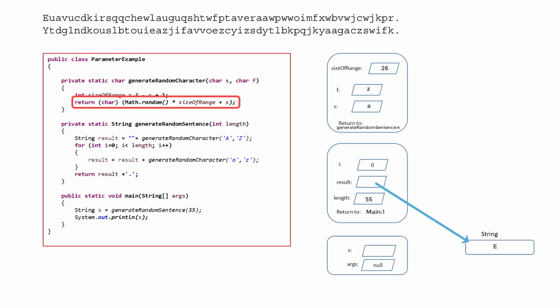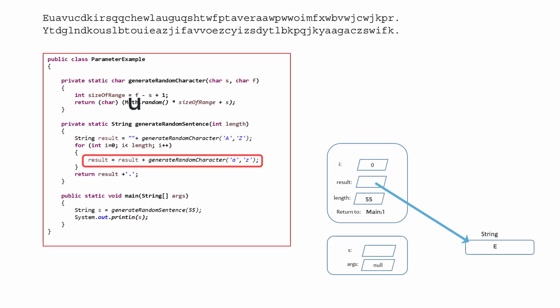This will generate a random number. The lower value of the range will be lowercase a, 26 values, so it'll be somewhere between lowercase a and lowercase z. Let's just say for the moment that it calculates a U. Then the return statement is going to look at the frame to see where it's supposed to return back to, delete the current stack frame, and pass that U back so that the call evaluates to that lowercase u.